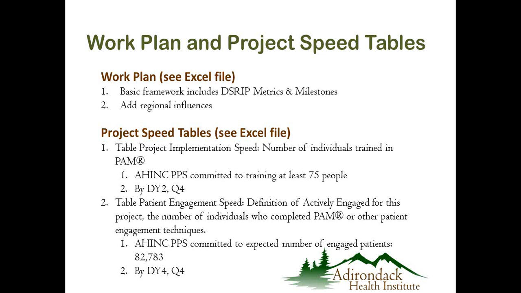So how quickly are we all going to get up to speed and meet all of the requirements? And what you see in the top portion of the Excel spreadsheet is under project implementation speed, you see a red X at DSRIP year 2, quarter 4. So what that red X represents is a speed commitment that the PPS network as a whole has already made to the Department of Health.